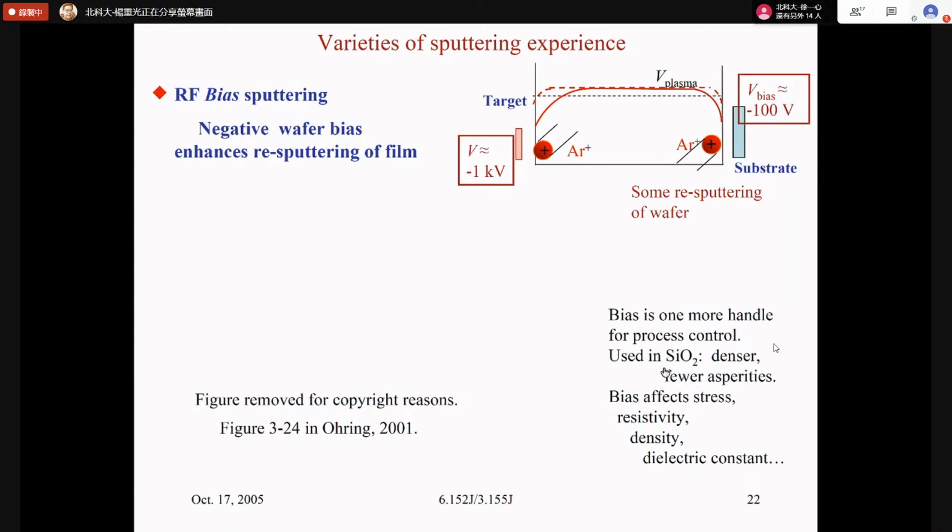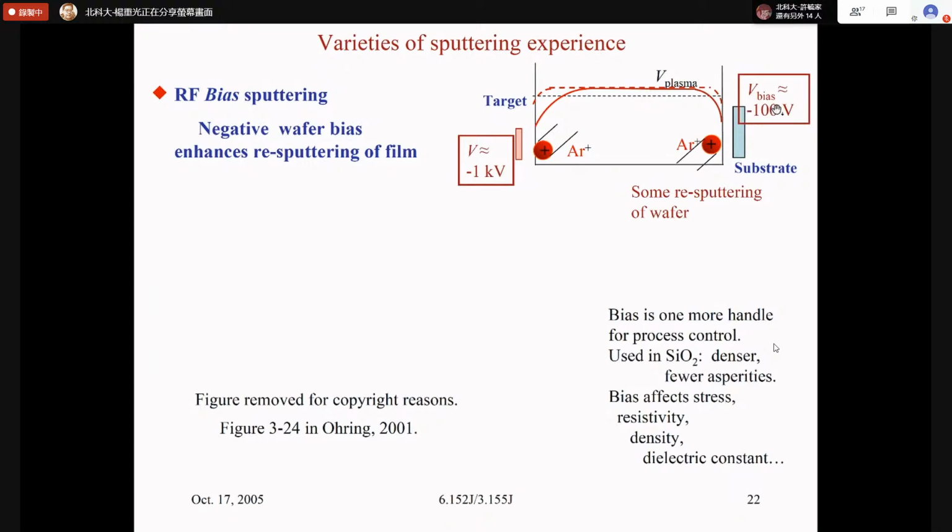So bias is more handled for process control, right? Like we talk about the silicon, it's denser, and then if you use the bias, it induces stress, and affects the resistivity, density, dielectric constant of silicon.